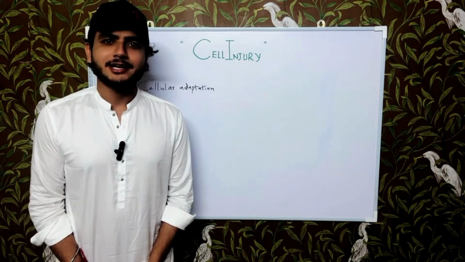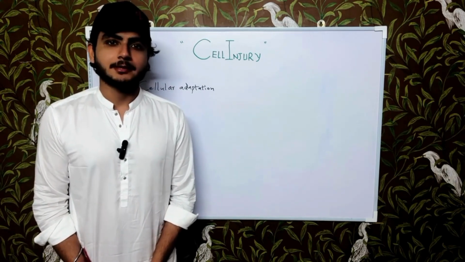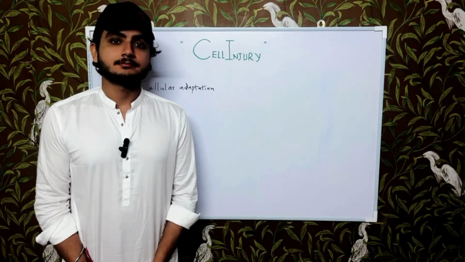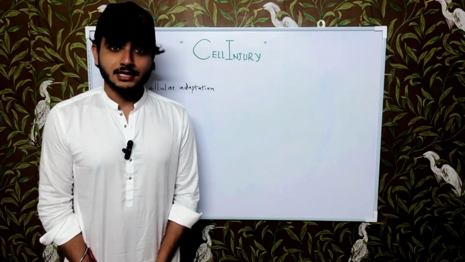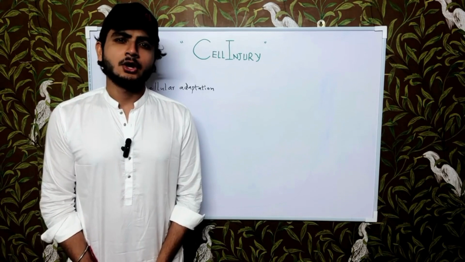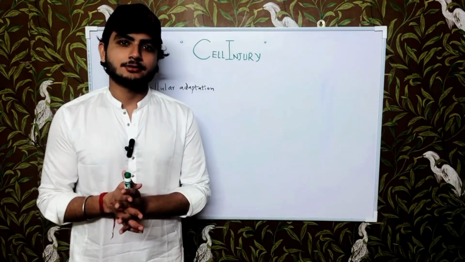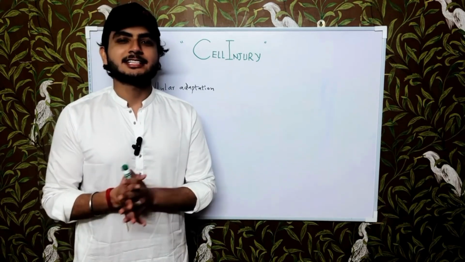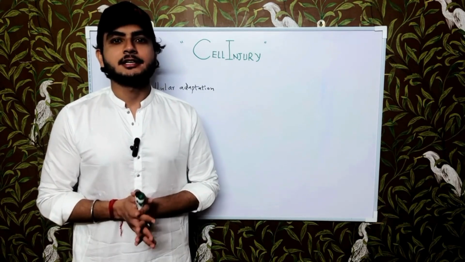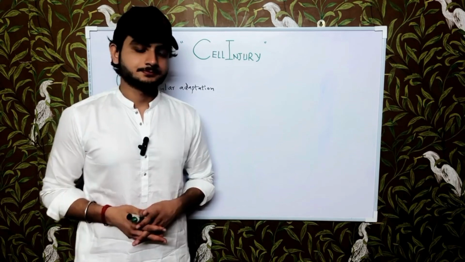Cellular adaptations are of five types. We have atrophy, hypertrophy, hyperplasia, metaplasia, and dysplasia. We'll be discussing the definitions of all cellular adaptations, and we'll discuss the explanation of all these adaptations in further videos.